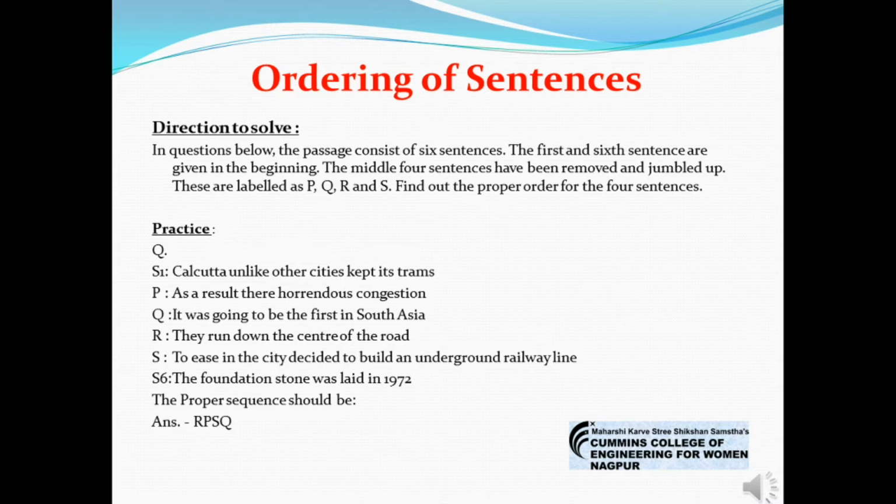The first sentence says, Calcutta, unlike other cities, kept its charms, and the 6th one is, the foundation stone was laid in 1972. The remaining 4 sentences are jumbled up. Now read it carefully and make a proper meaningful passage. The answer is given. Do it for yourself.